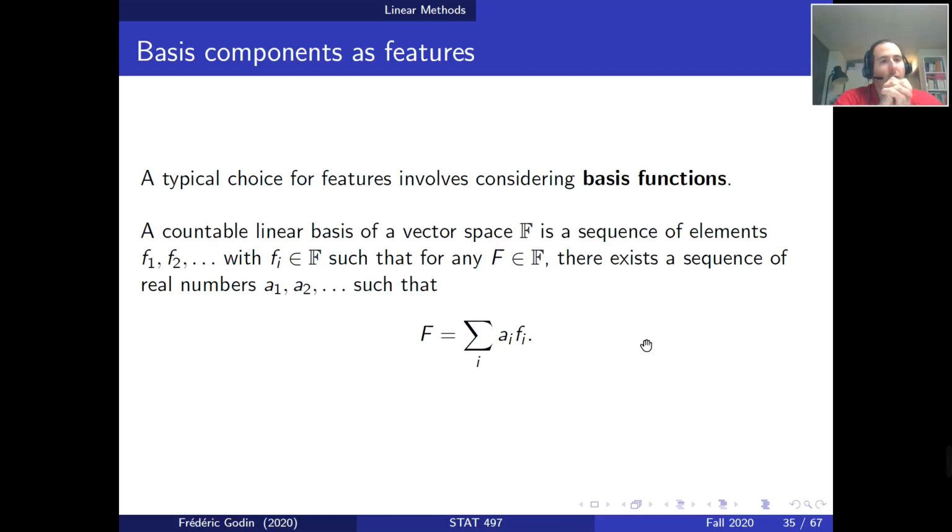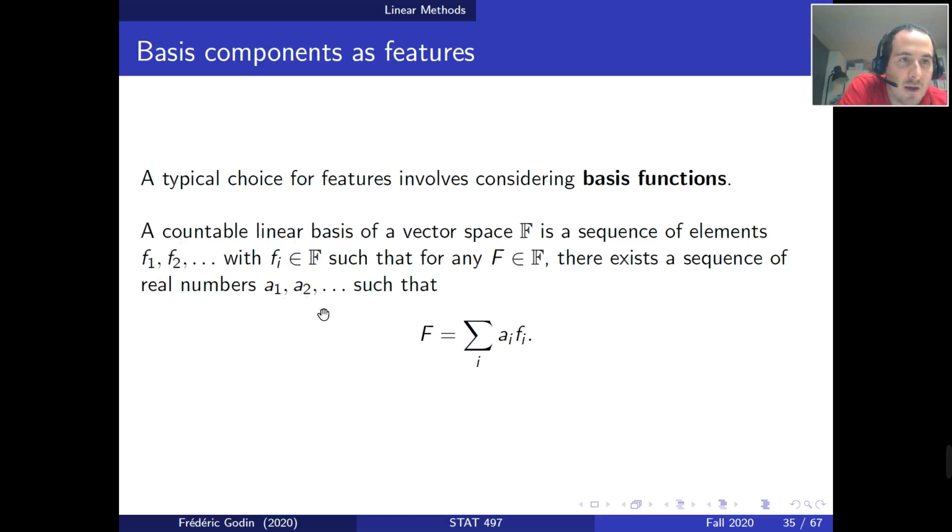But now the hard part in that context would be to determine what would be suitable features. A typical choice, it's not the only possible choice, consists in considering basis functions. Sometimes when we have functions within some vector space F, it is possible to express any function in that vector space as a linear combination of other simpler functions.